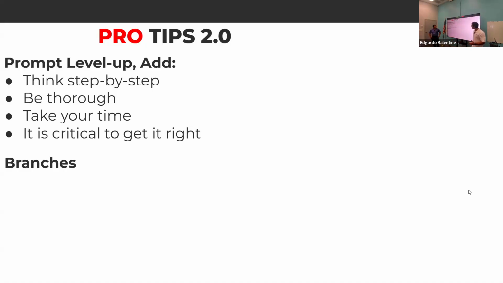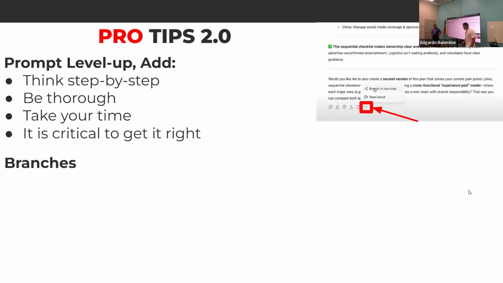All right. The other thing is branches. Branches is something that I recently discovered with ChatGPT. While you're having a conversation with ChatGPT, maybe you want to ask it to do something different in a different window, but you don't want it to lose the conversation and the history in that one.